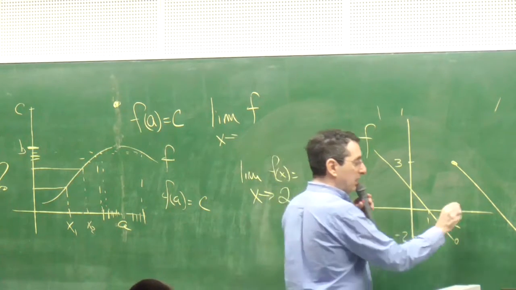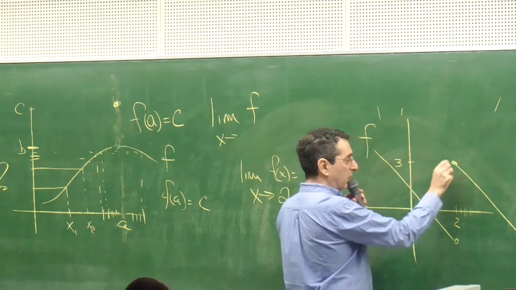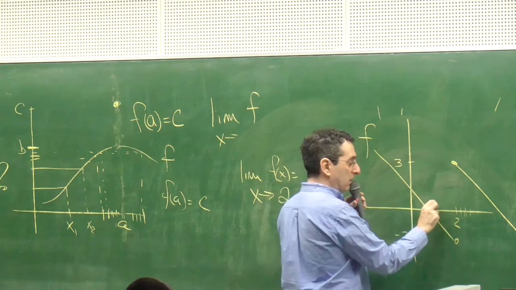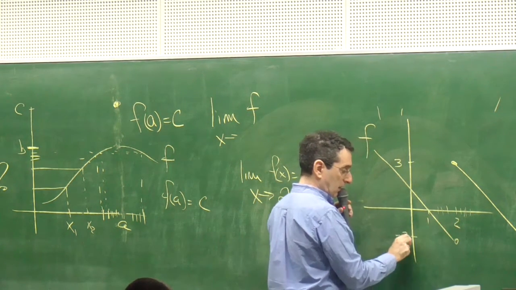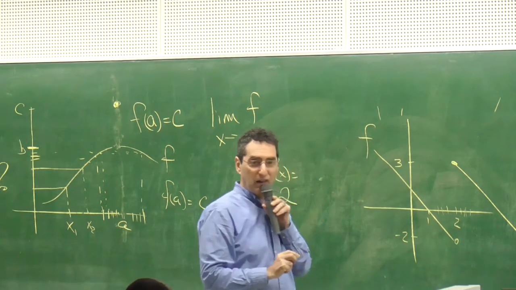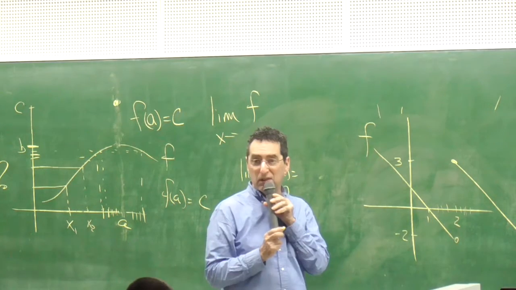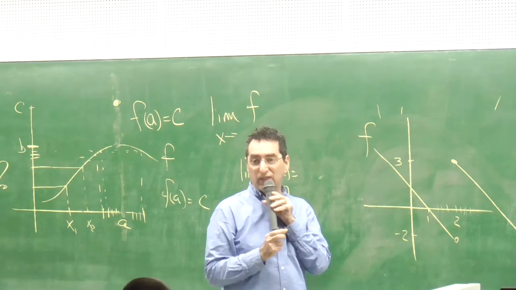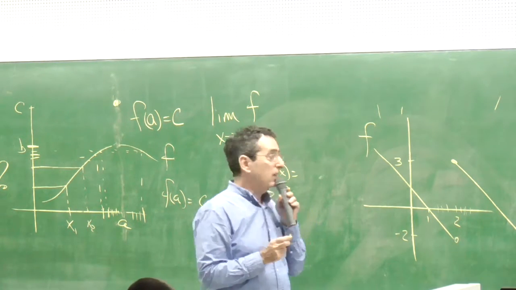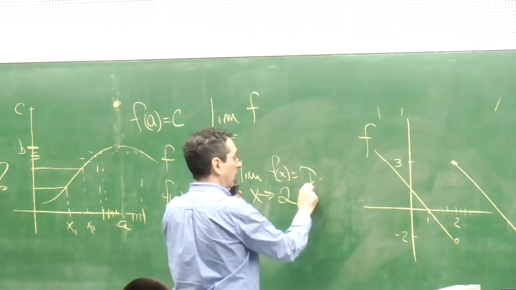Because if you guess from this side, you're going to guess what? 3. But if you guess from this side, you're going to guess what? -2, right? So you're going to guess 2 different numbers, right? In that case, we said there's no answer. Right? So we have to write.